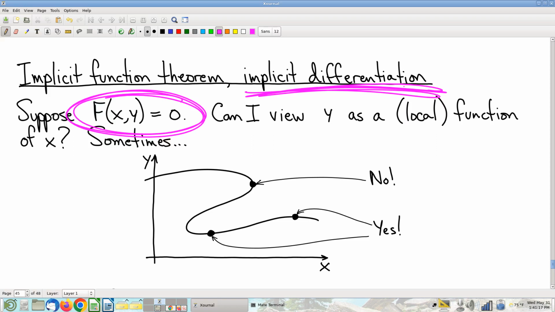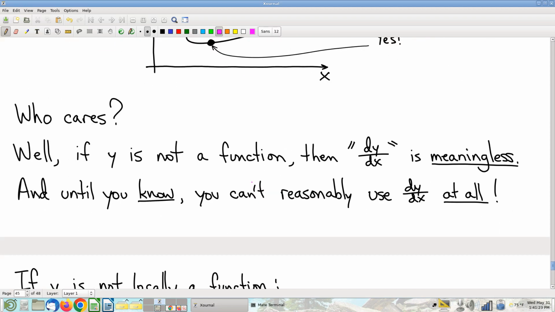But if this is the point that we're looking at, then y is not a function of x. It's not that we can't compute dy/dx, it's that dy/dx is meaningless, garbage, nonsense. It's not a thing. And we cannot have that in our work, in our reasoning.